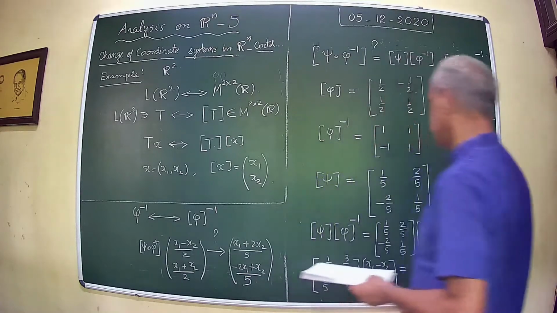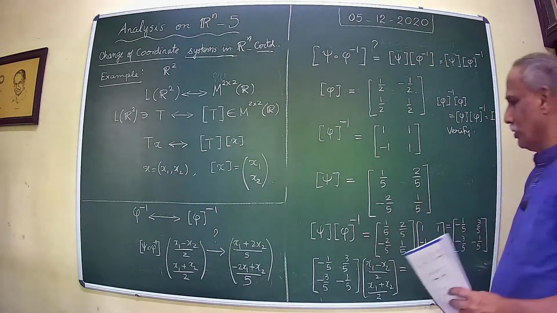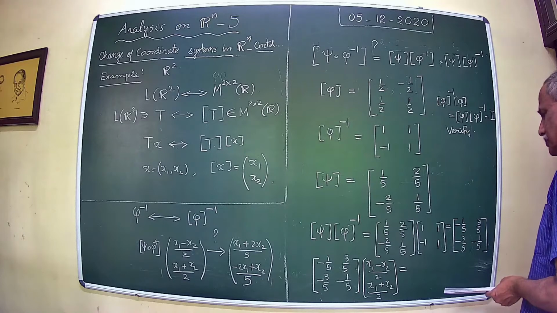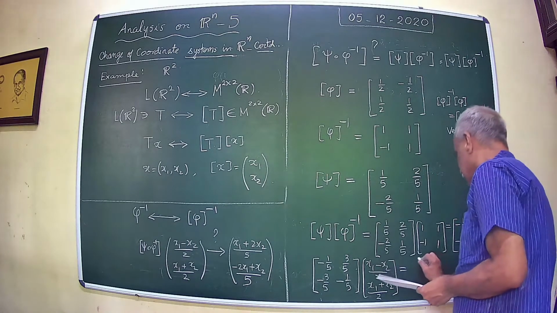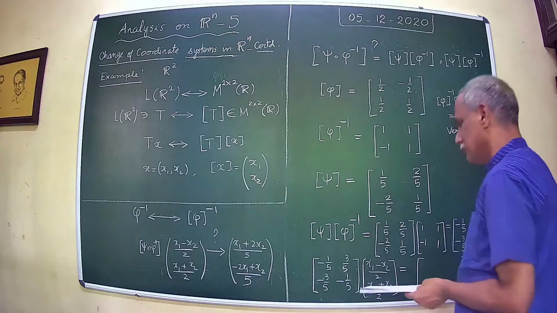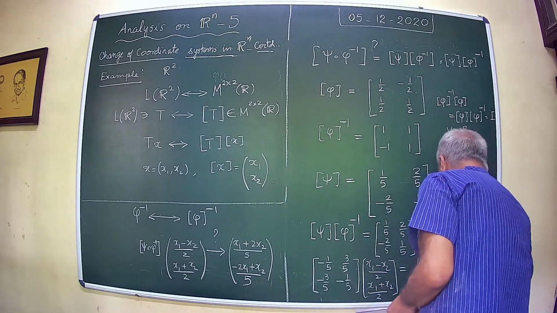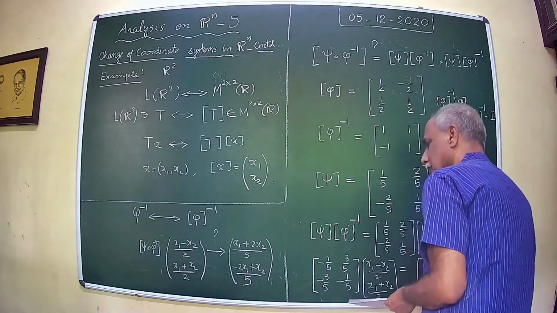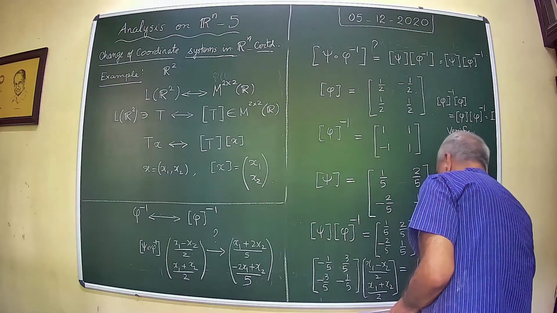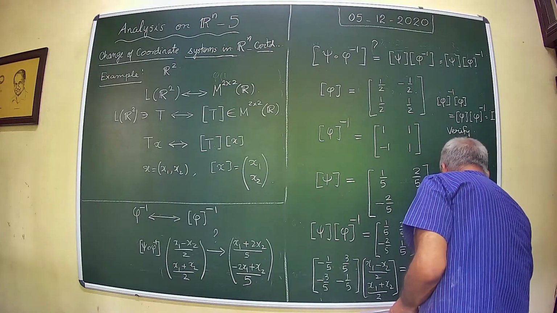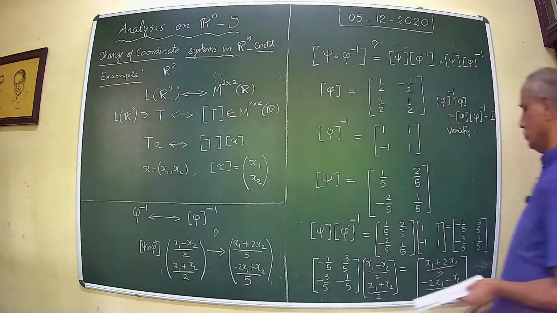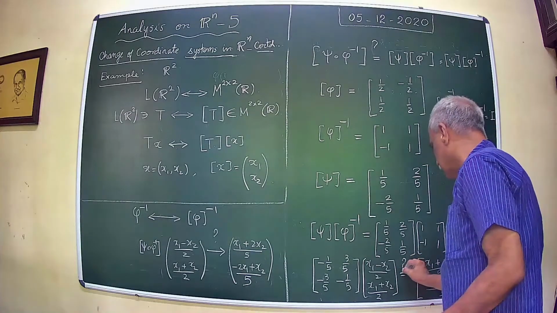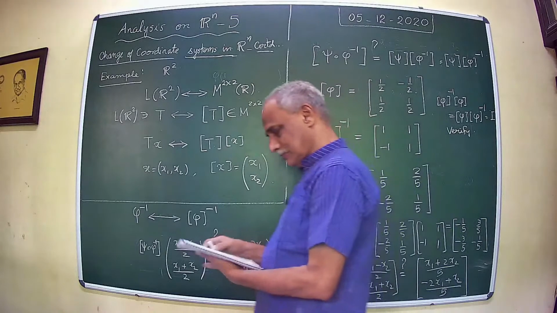See whether you get this or not. That is x1 plus 2x2 by 5, minus 2x1. Okay, so you verify this. I leave it to you to verify this.